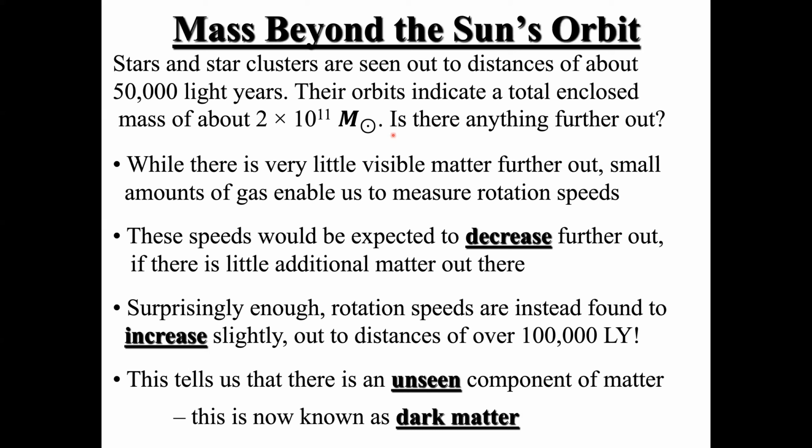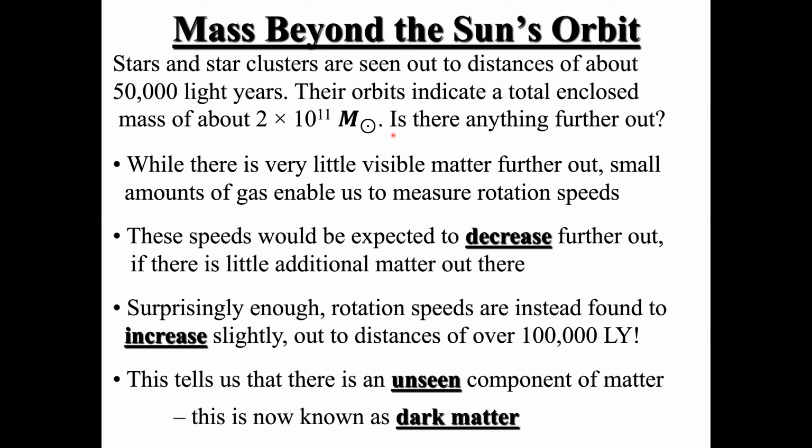This is something you can think of from basic physics, from A level. When there is less matter in the outer region of the galaxy, the rotational speeds, that means the speed at which they are rotating around the galaxy, should also decrease, right? And this is what we expect.